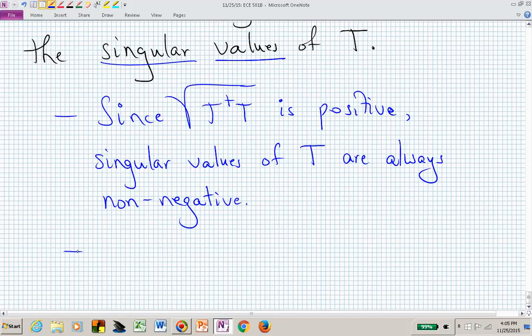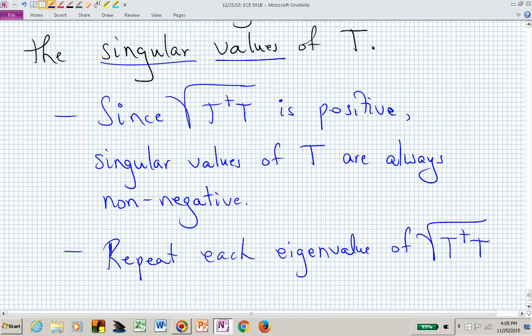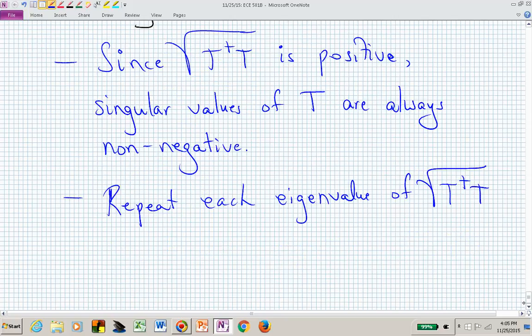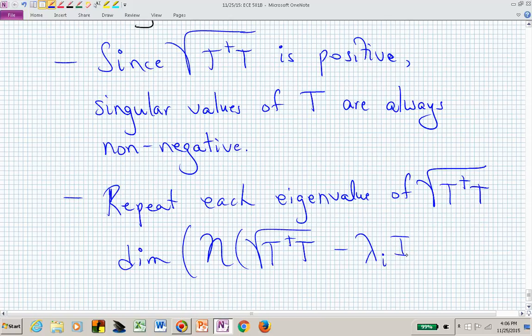And if we have repeated eigenvalues in that positive matrix, we need to repeat each eigenvalue of the square root of T dagger T the number of times as the dimension of the null space of this operator, the positive square root of T dagger T minus, let's say, lambda sub i times the identity.